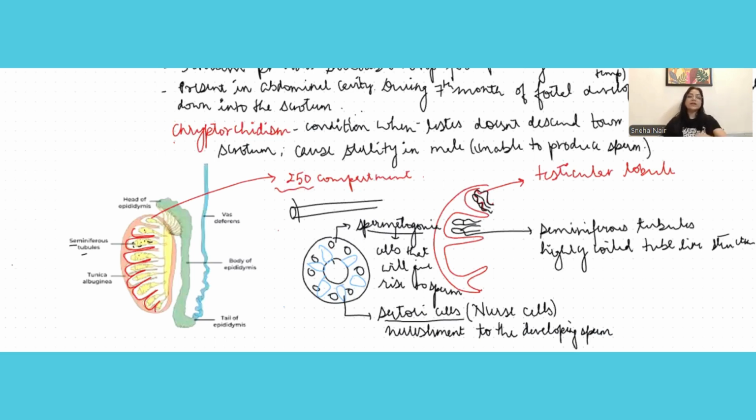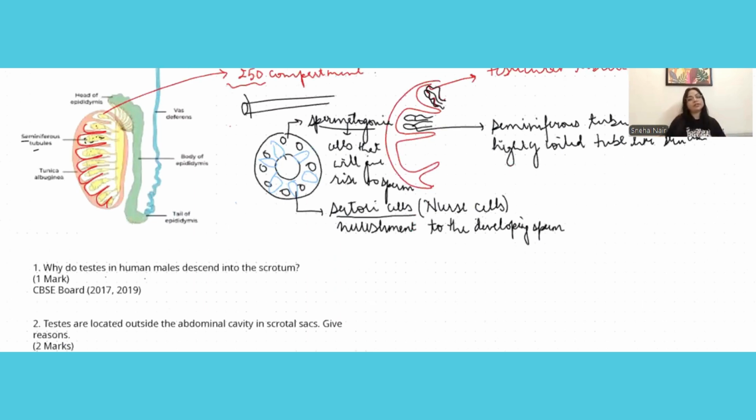Now, as we have discussed, there are 2 to 3 seminiferous tubules inside a testicular lobule. So let us say there is a testicular lobule in which 2 to 3 seminiferous tubules are present, like this.